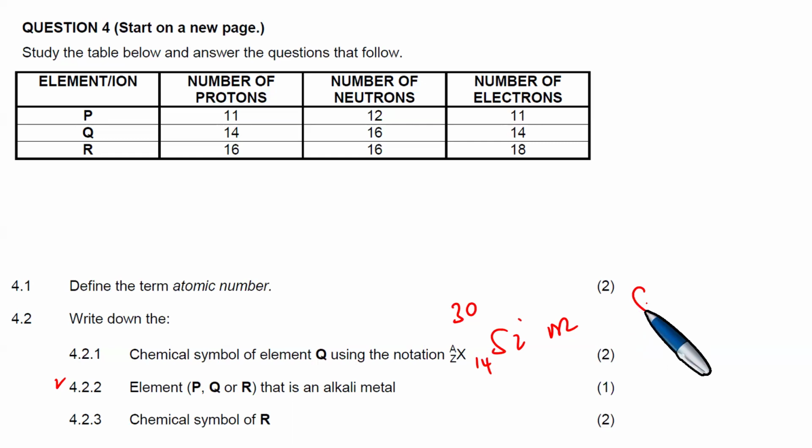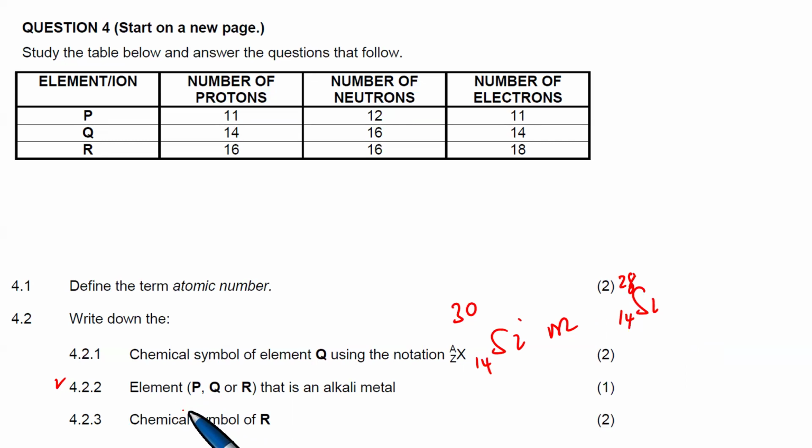Or you can put silicon, and then this is 28 together with 14. So element PQR, that is an alkali metal.